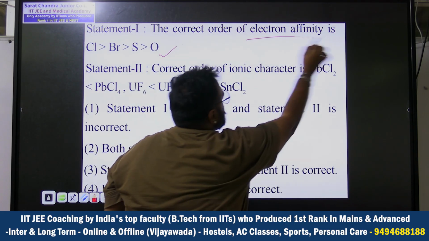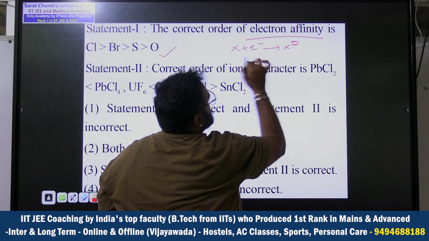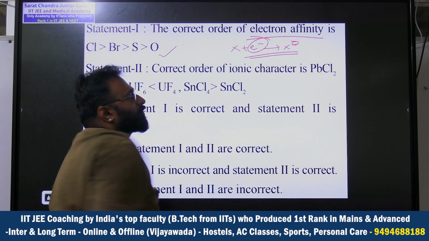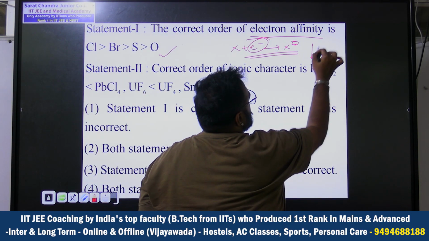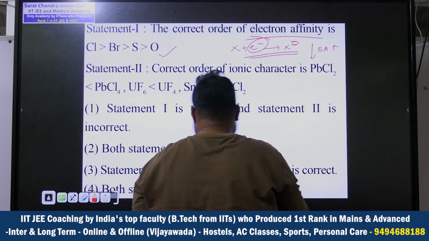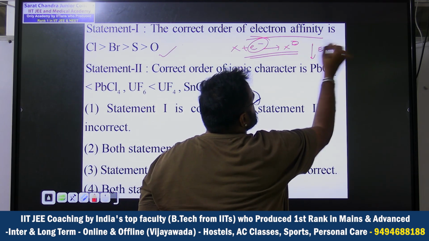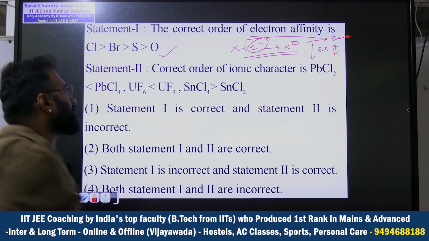What is electron affinity? X plus electron gives X minus, the tendency of accepting an electron by an isolated gaseous atom. Down the group electron affinity decreases, and left to right electron affinity increases. So this order is correct.